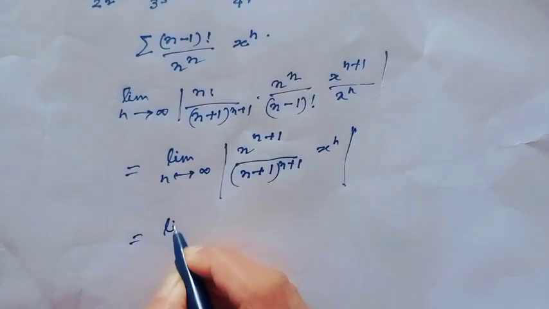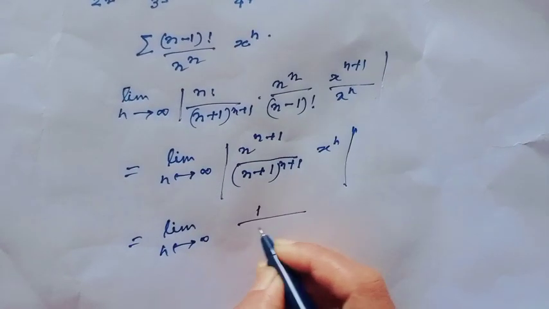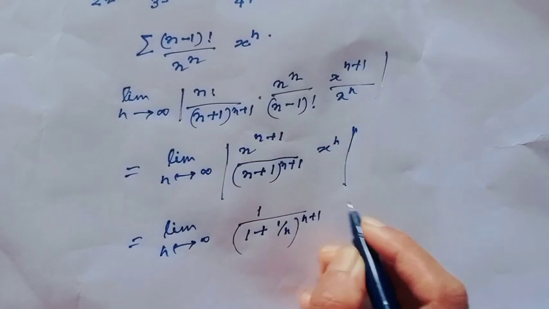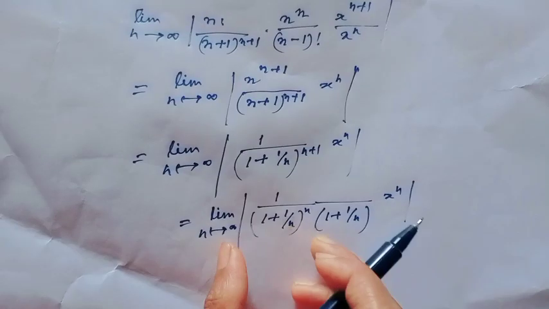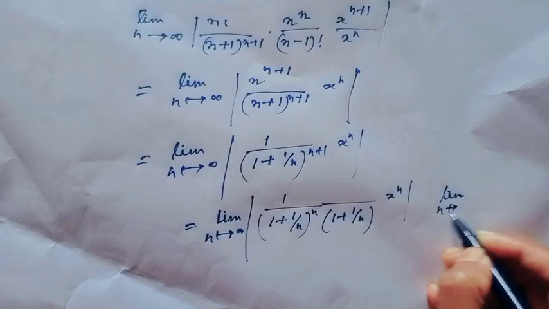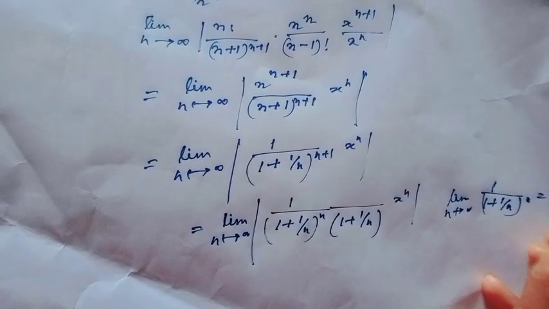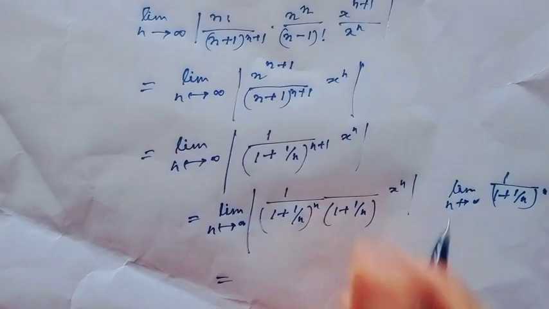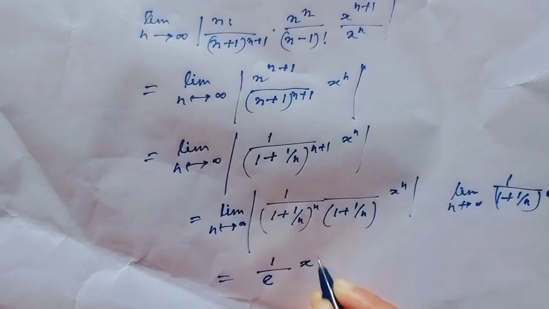Then this is limit n goes to infinity of 1 over (1 plus 1 over n) to the power n plus 1, times x to the power n, also absolute value. Now limit n tends to infinity of 1 over (1 plus 1 over n) to the power n. This value is e. Therefore, this value is 1, and this value would be 1 over e times x to the power n.